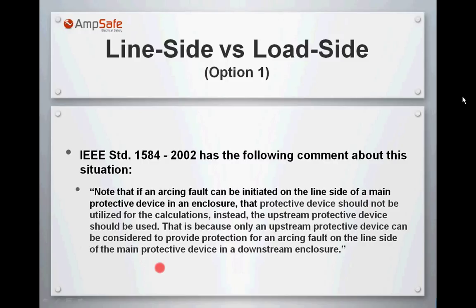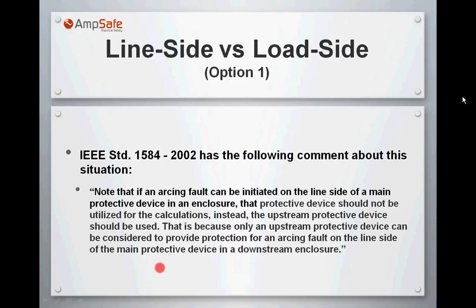Now, to finish this option of considering line side or load side, sometimes you even have software where you have to choose whether you are going to make the calculations on the line side or at the load side or both. So that's an option that you have to take even for software, okay?